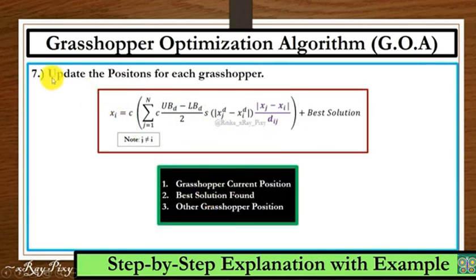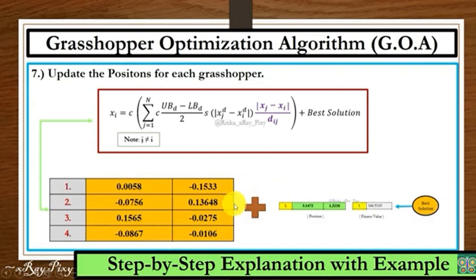Now in step 7, we will update the position for each grasshopper. We can update the grasshopper position using this equation for each grasshopper in the current population. So we can update the position for any grasshopper on the basis of its current position, the best solution found, and the position of other grasshoppers.